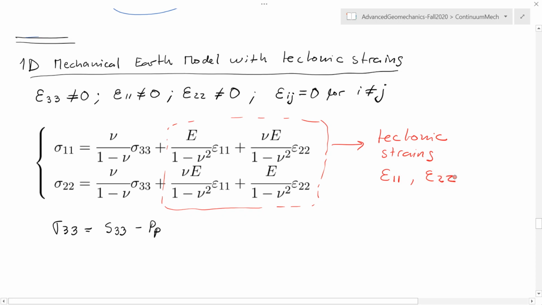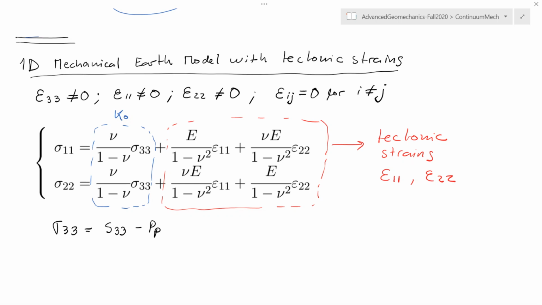In our model these are just horizontal strains, but in subsurface conditions, usually these strains are caused by tectonic events, either extending or compressing the earth crust. And notice too that this term is the one that we had before. It's just the lateral stress coefficient, or lateral effective stress coefficient, also called K0.